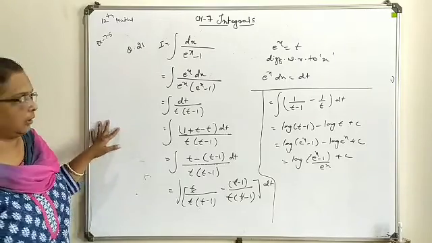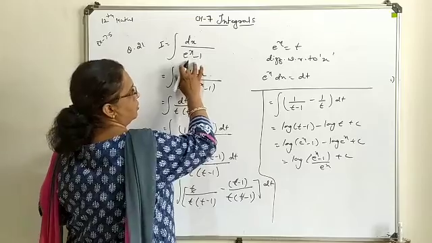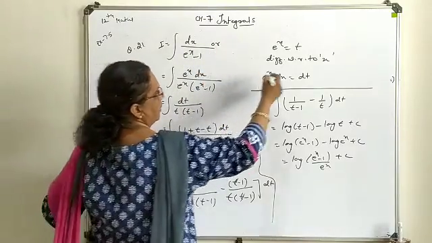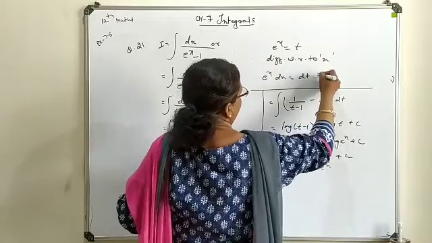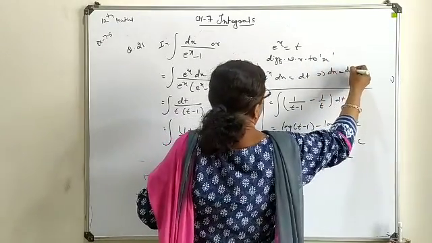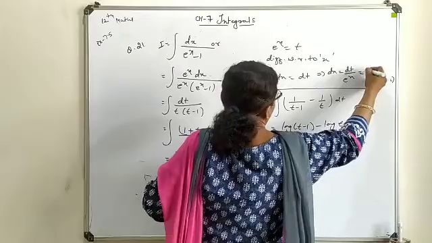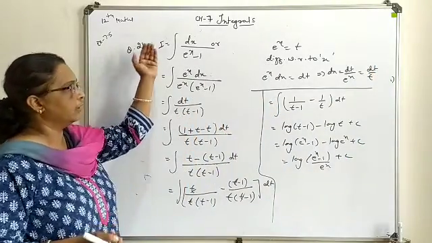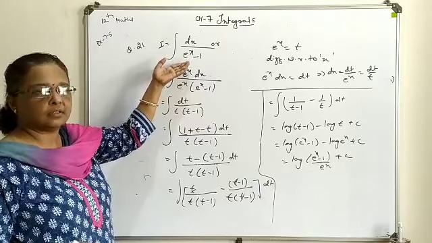One more thing you can perform here. As such, in this question, e power x you can suppose as t. So from there dx will be separated out as dt upon e power x, meaning dt upon t. So you will have the same formation even after starting with this combination.